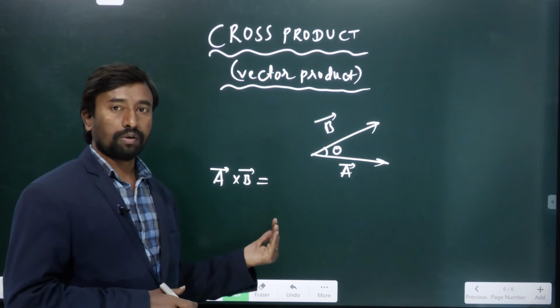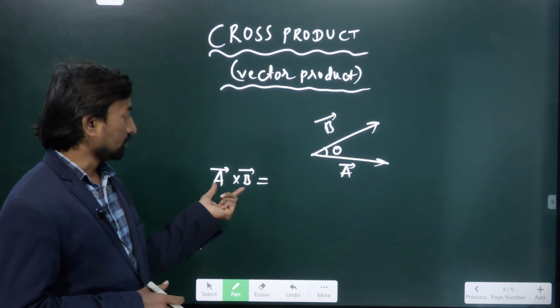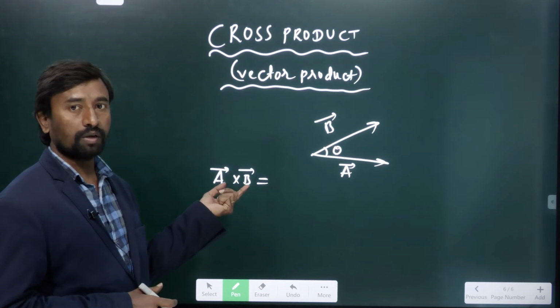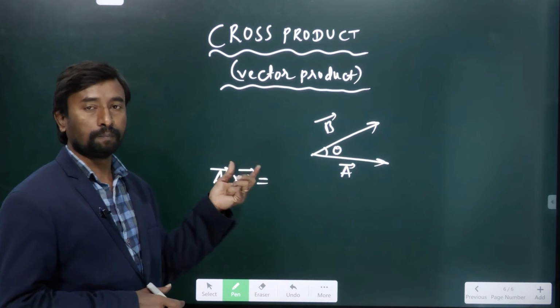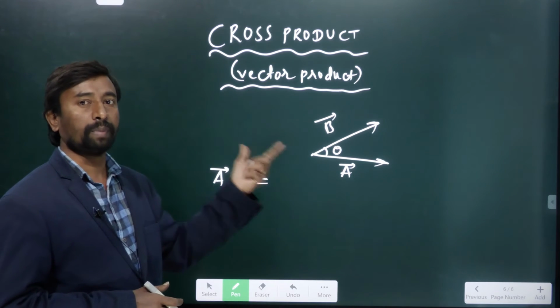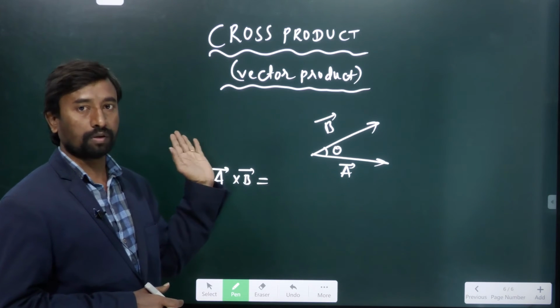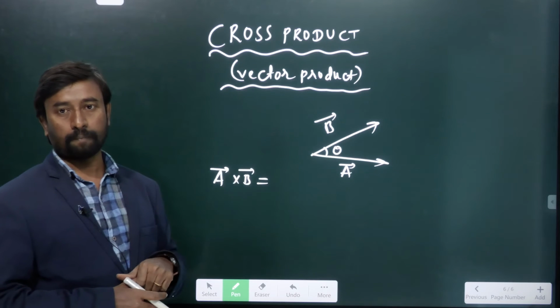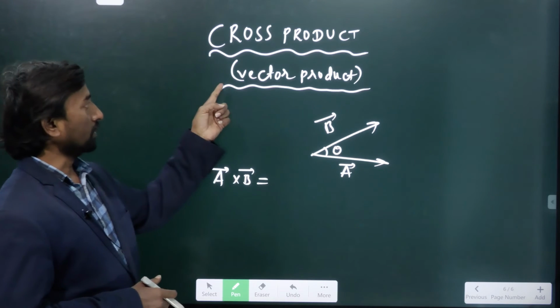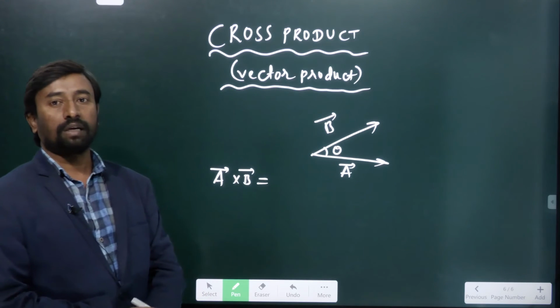In the dot product, the multiplication of two vectors gave us a scalar value, which means a magnitude. But here we get a vector. That is the reason it is called the vector product.